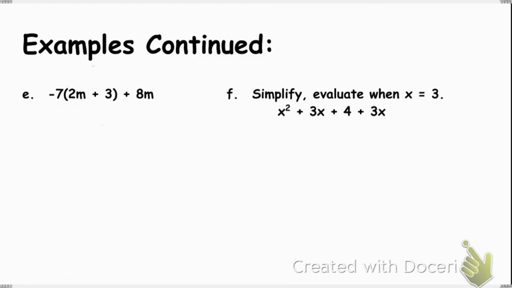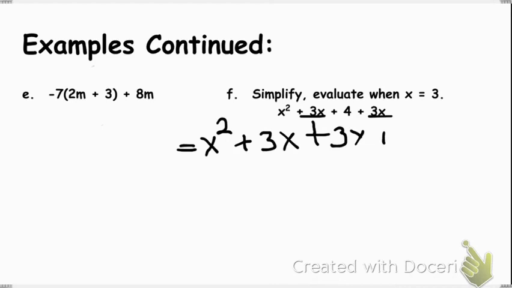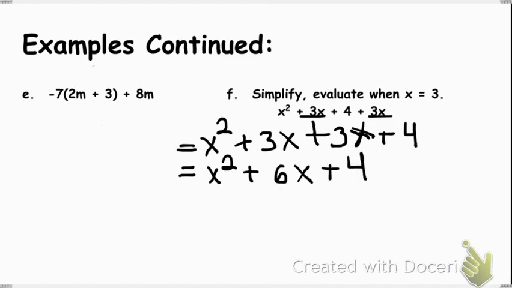Okay, then example F, simplify, then evaluate when x equals 3. So we're going to put our like terms together. x squared we leave at the front, then I have 3x, and we have another 3x, so plus 3x, then I have plus 4. This gives me x squared plus 6x plus 4.